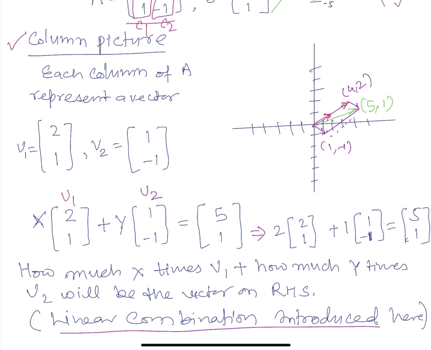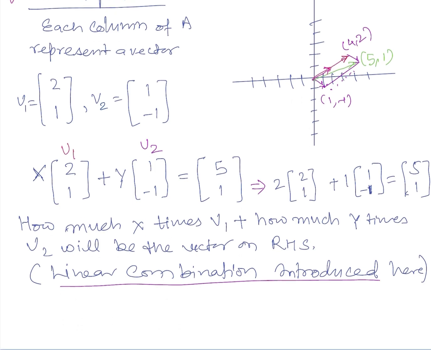Now the question in the column picture is: how many times the first vector plus how many times the other vector, x times one and y times the other, produce the right hand side, that is (5, 1)? That is my question, right?